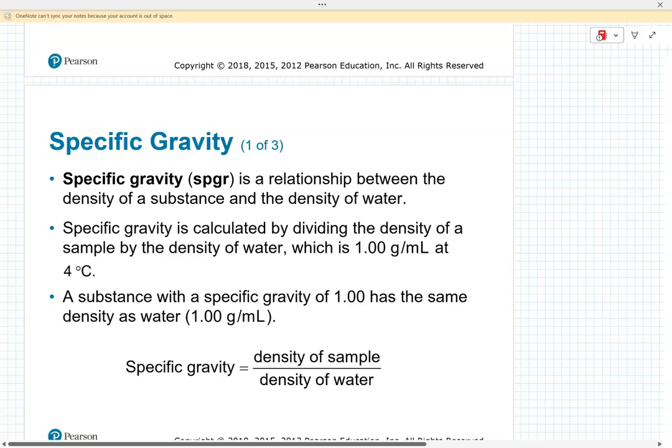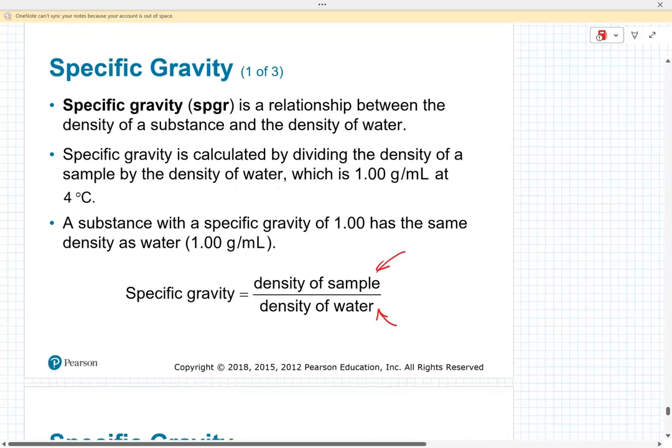But basically, specific gravity is the density of the sample versus the density of the water. Remember, you were measuring the density of 5% sodium chloride on Monday, right? You got some number. You take this number, you divide it by 1, you get specific gravity.